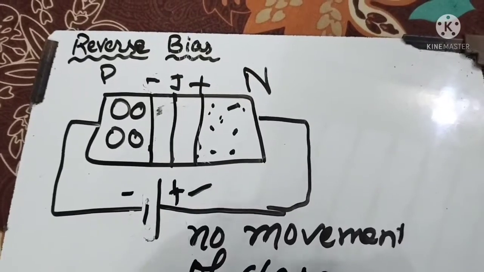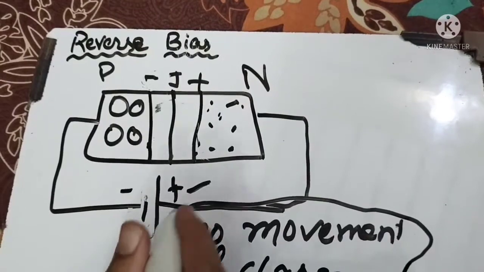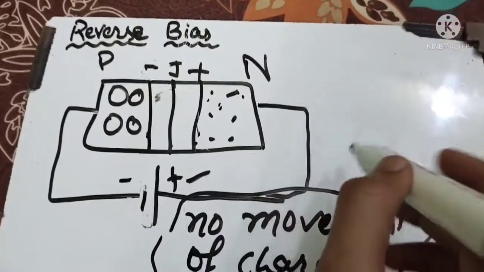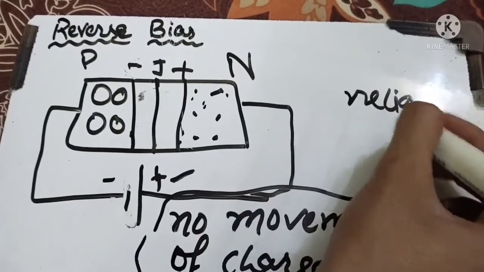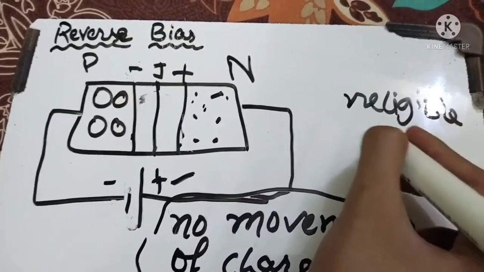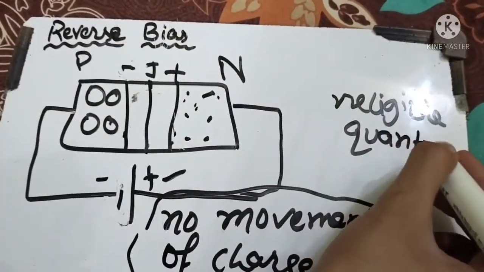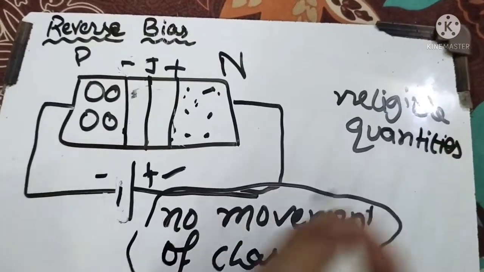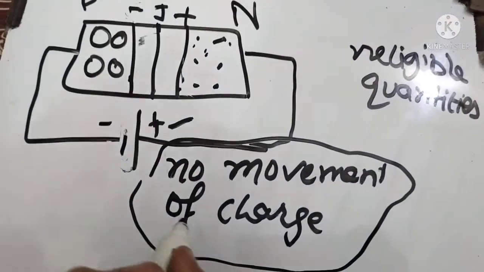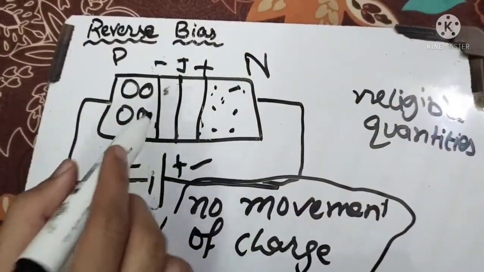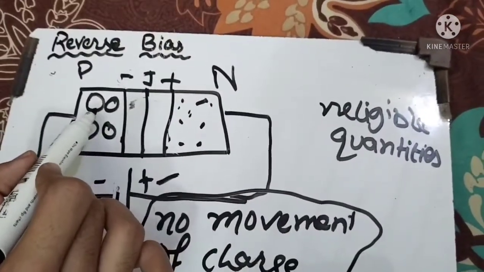I have said that there is no movement of charge. This is a wrong theory. Here electricity is generated, but it is in negligible quantities. So why is there a flow of current in this PN junction with reverse bias? We know that there are also minority charges here.